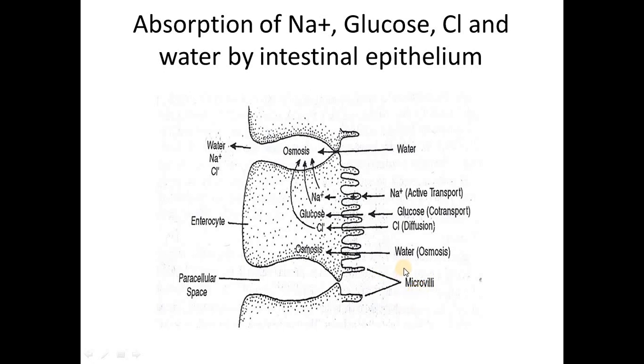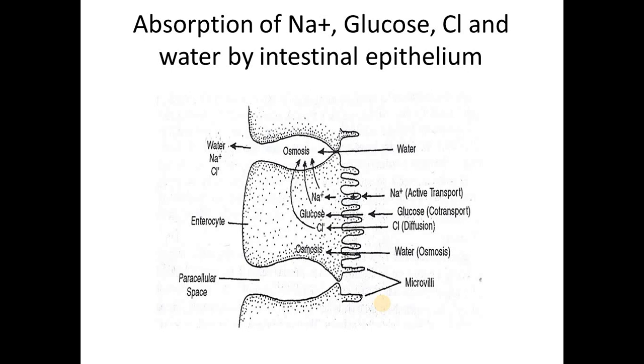Water is absorbed through osmosis, sodium by active transport, glucose is absorbed into the intestinal epithelium by co-transport, and calcium is absorbed by diffusion, and the absorption surface is increased by the presence of microvilli. So the villi help in the absorption of the food materials. You have to understand this when you come to the absorption of food.